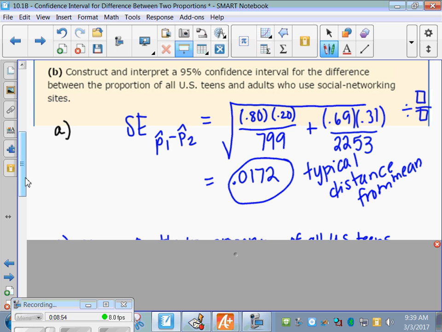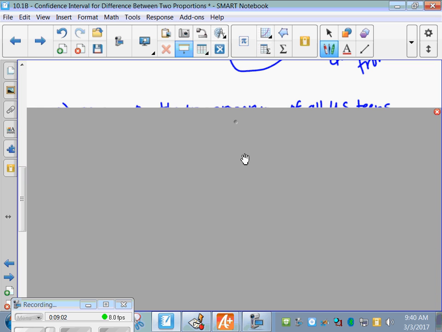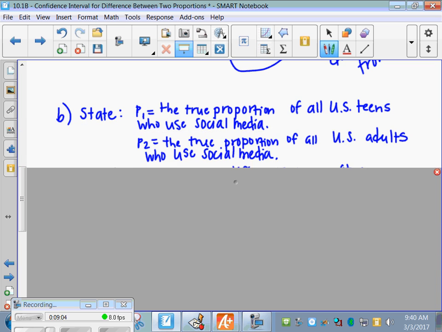Okay. And then it says construct and interpret a 95% confidence interval. So back to confidence intervals, only with subtracting 2 different proportions. So our state, you guys, is no longer null and alternate hypothesis, right? So make sure you know that null and alternate hypothesis are for significance tests. So our state in this one is to define our P's.